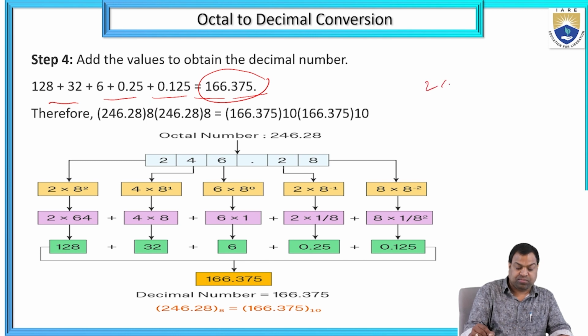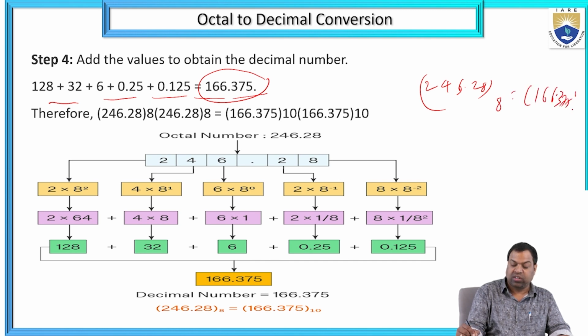Therefore 246.28 base 8 is equal to 166.375 base 10. It is the final value.